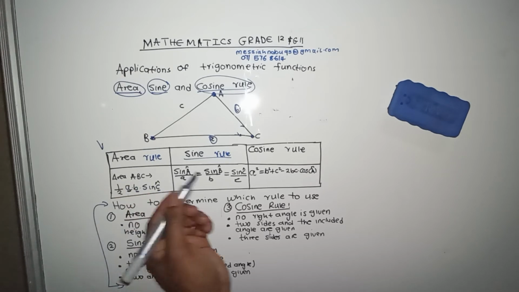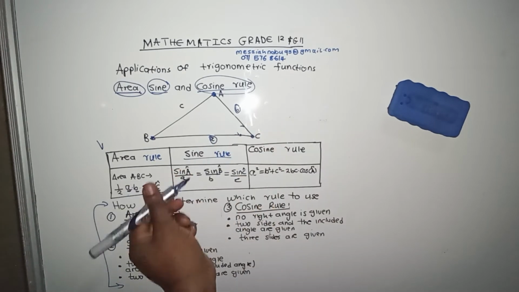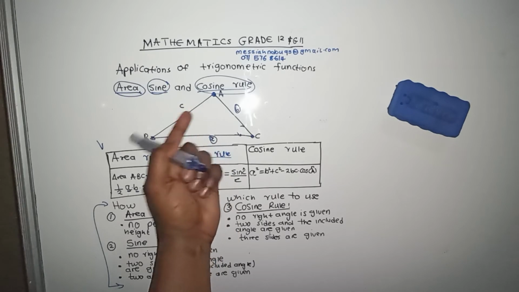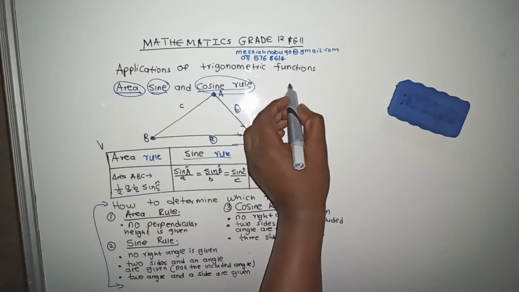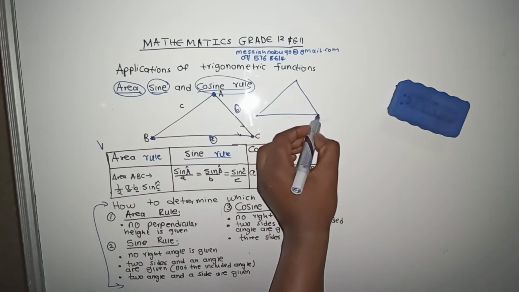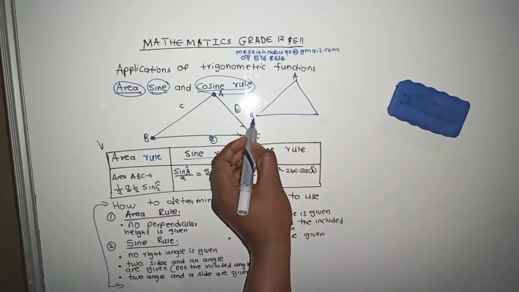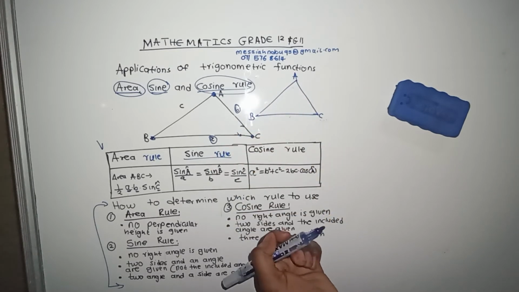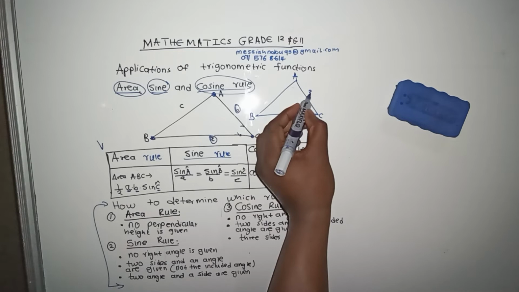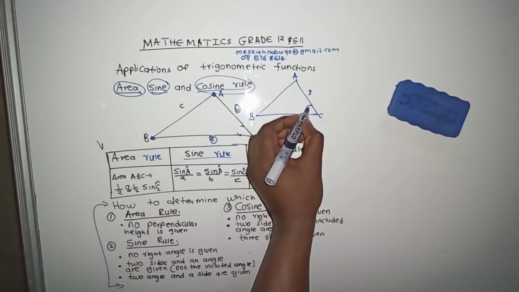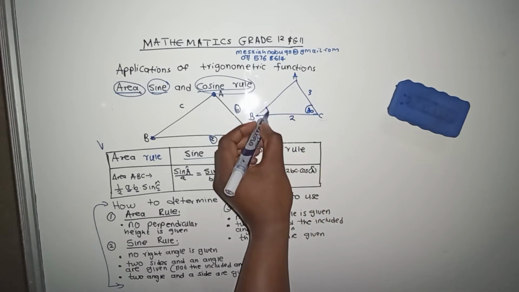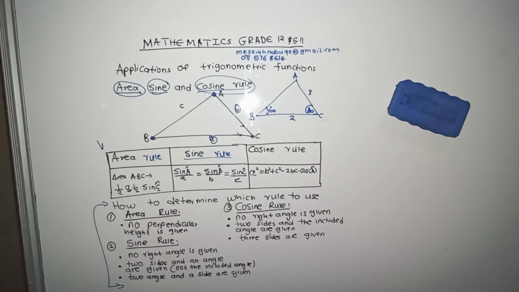So for instance, just allow me to use another triangle, A, B, C. I'm given the sides 2 and 3, the angle 30, and that angle of 60 there. When you apply this, mostly you'll be finding a side or an angle depending on the question.